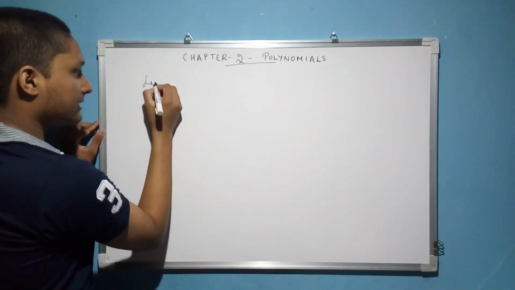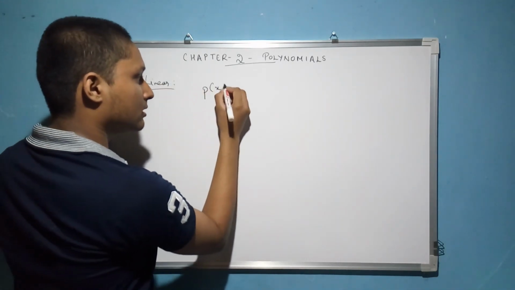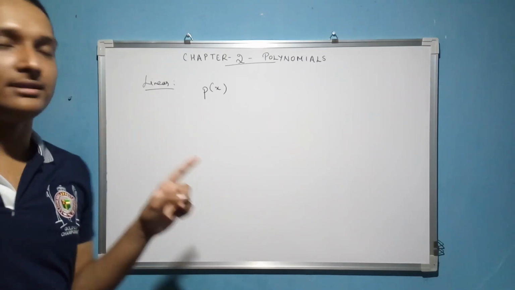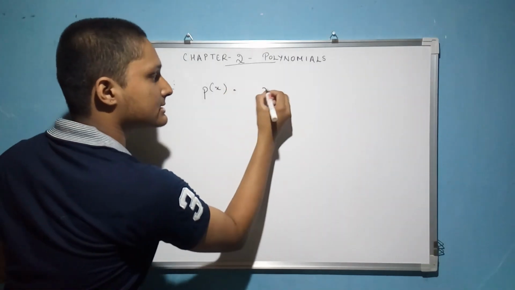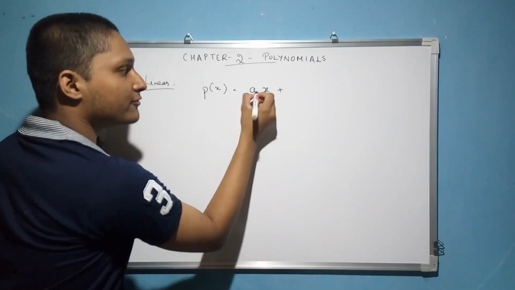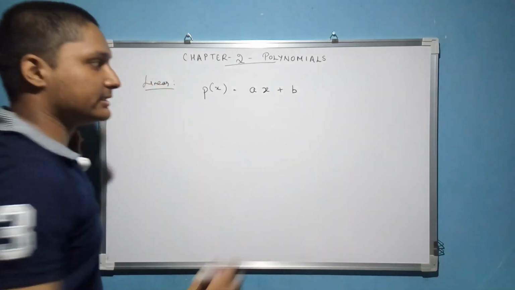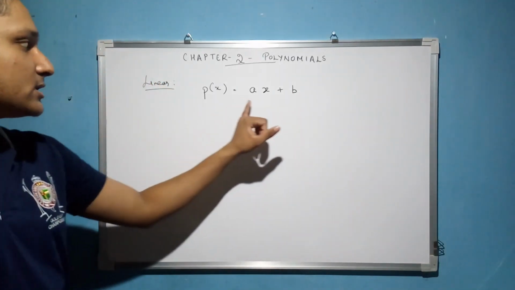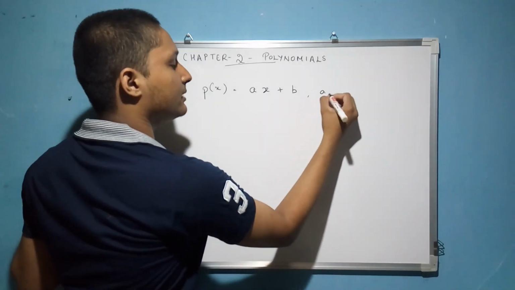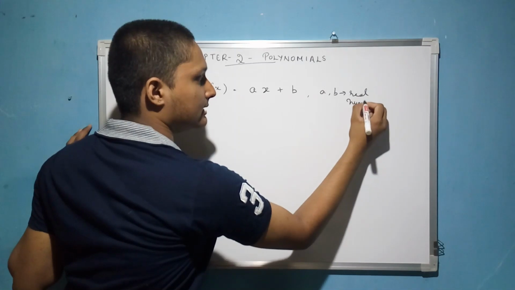So now you have the linear polynomial, say p of x. A linear polynomial has a maximum degree of 1. So it should have some x term, and say it has some constant here. Let me take the coefficient of this x term to be a and the constant term as b here. So this becomes a general linear polynomial where a and b are real numbers, right?